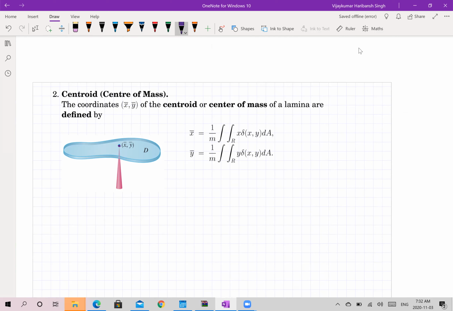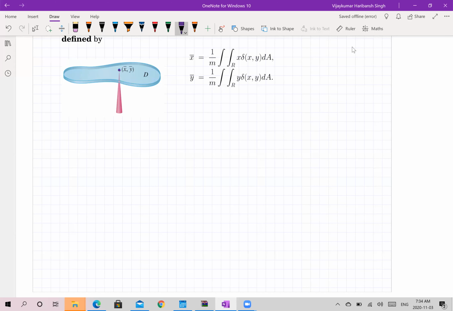So the coordinate of the center of mass is given by x bar, y bar, where x bar is 1 by m double integral of x delta(x,y) dA, and y bar is 1 by m double integral of y delta(x,y) over region R. The whole lamina basically behaves as if the entire mass is concentrated at the center of mass.